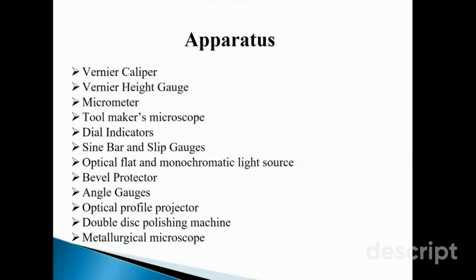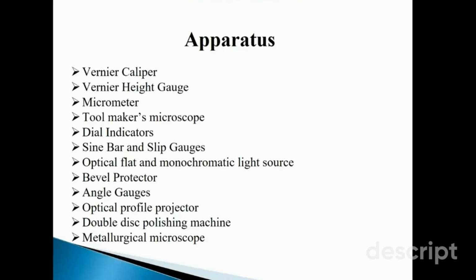Then we have the optical profile projector. It works on the principle of generation of a profile and then measurement of that profile using scales available on our instrument. Then we have this double disc polishing machine. This machine is used to polish and grind your workpiece so that it becomes smooth and has a highly mirror-like surface.